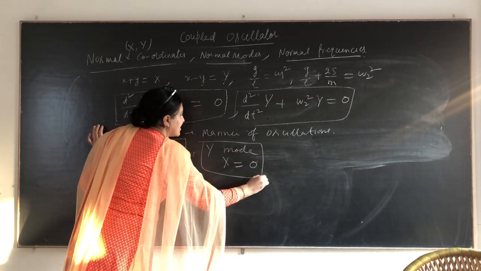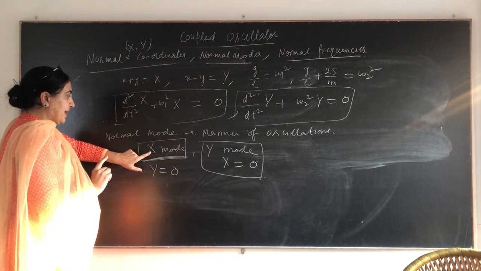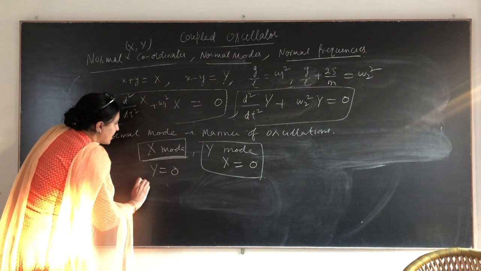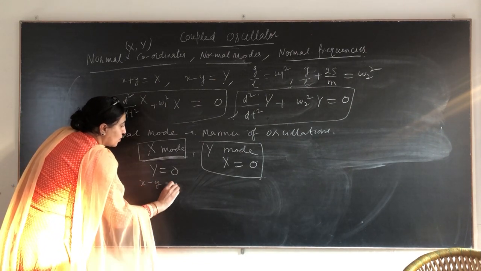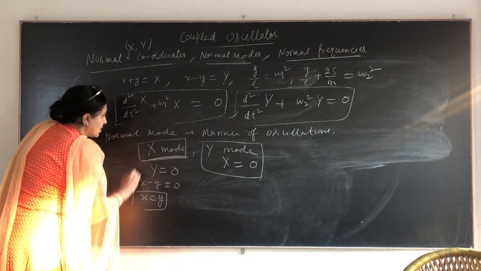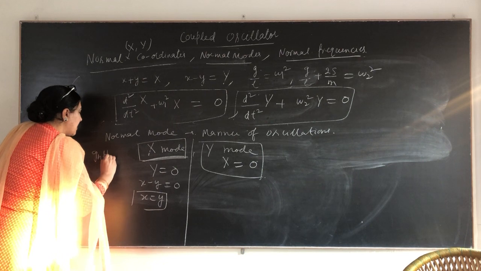Now in detail. When there is a capital X mode, capital Y is 0. So if capital Y is 0, meaning x minus y is 0, then x is equal to y. This is called the in phase mode. Please pay attention.